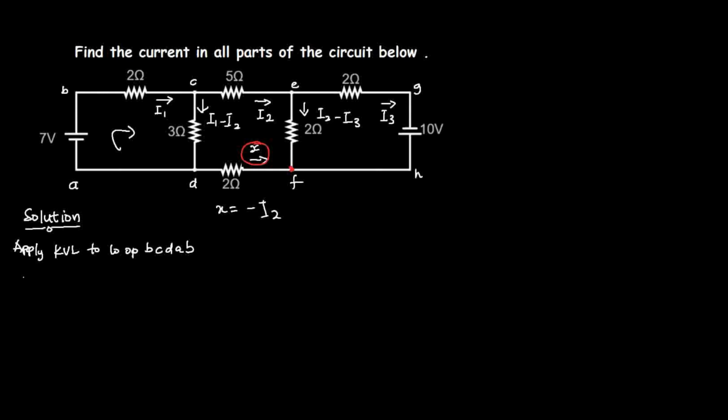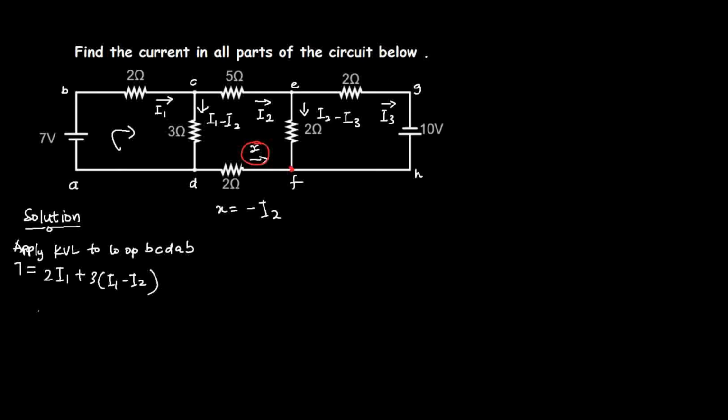We know that from KVL, the total voltage should be equal to the sum of the voltage drops in the loop. So I have 7 equal to the voltage drop across this 2 ohms here, that is 2 multiplying with the current I1, so that's 2I1, plus the voltage drop across this 3 ohms resistor, and that will be 3 multiplying with I1 minus I2.